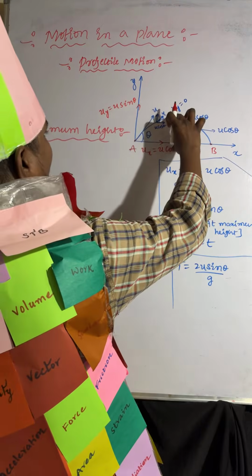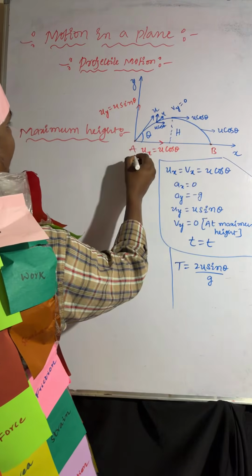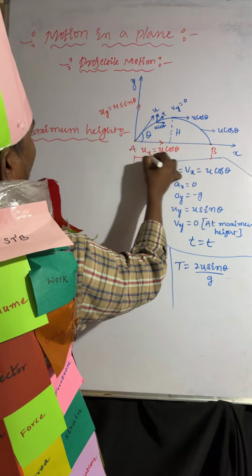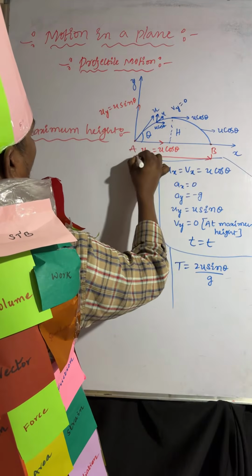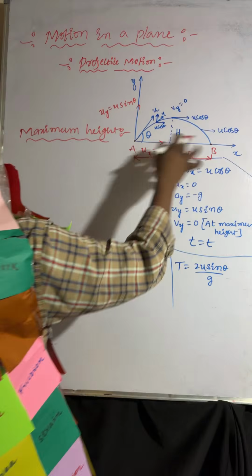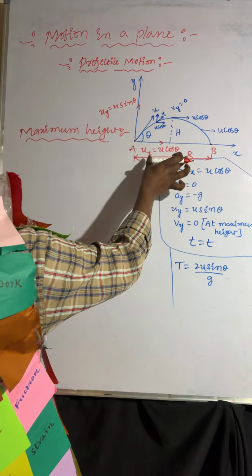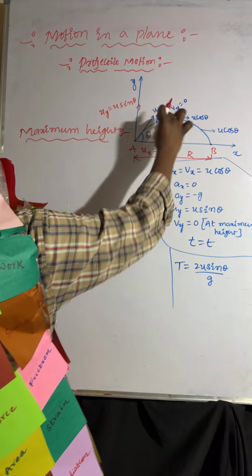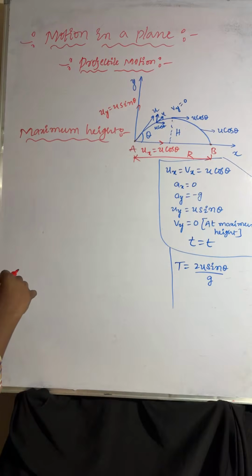From here to here, from A to B horizontally, is the range. Vertical is the maximum height. Understood or not?